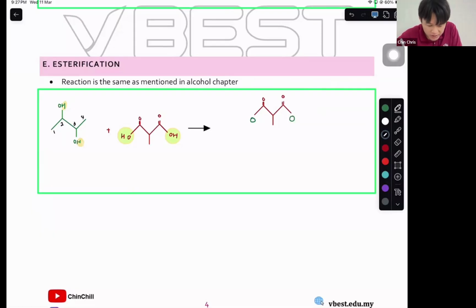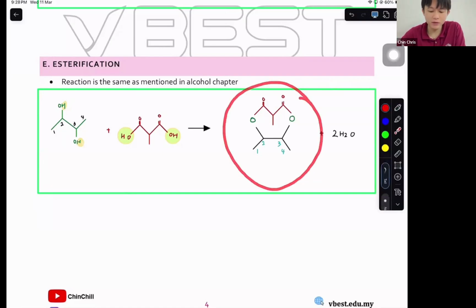O is going to merge into the second carbon, then a third carbon. Can you see 1, 2, 3, 4 here? And H2O is formed. 2 H2O, in fact.